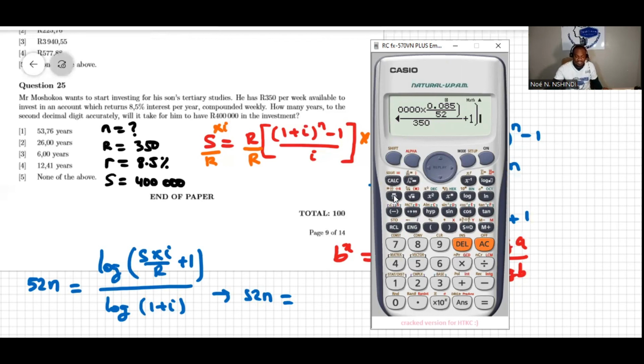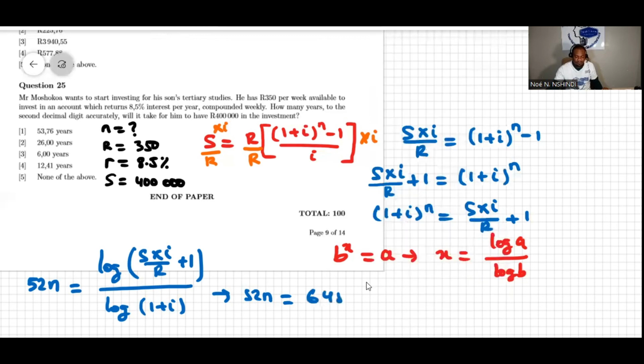Now the denominator, I press this button here and write also log of 1 plus 0.085 divided by 52, and then we close that bracket. When we hit equal, we have 52n, this is what we got: 645.1.